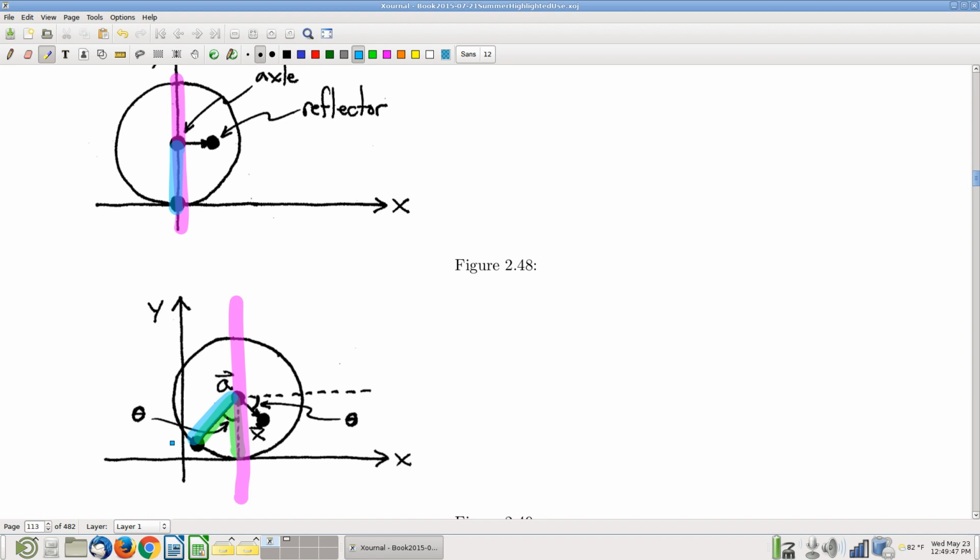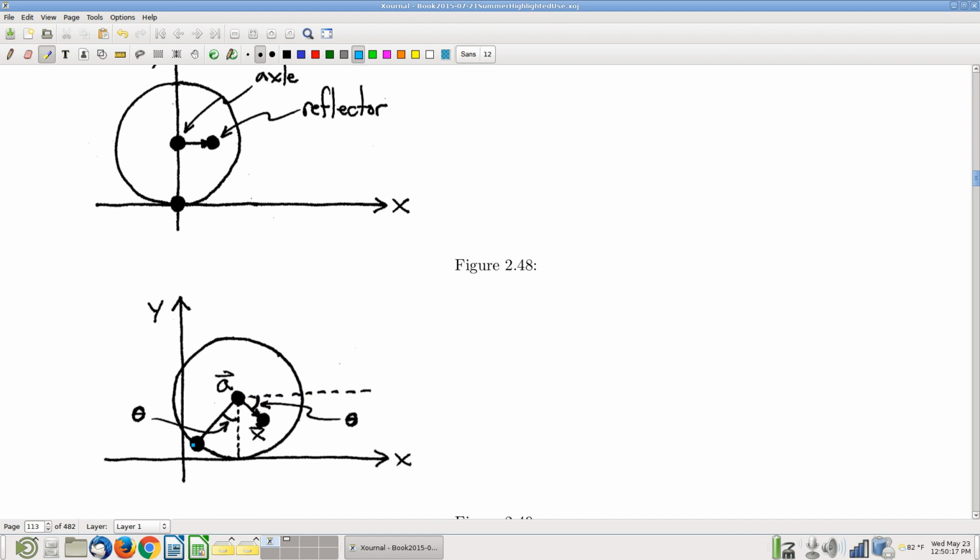So imagine there's a mark on the tire that at the beginning was right where the rubber met the road, and as the tire rotates, let's look at that mark. Let's look at the angle that makes with the vertical. That angle theta is going to be our parameter. Everybody cool? Everybody on board? Okay. Not hard to persuade yourself that that angle, theta, is the same as that angle.